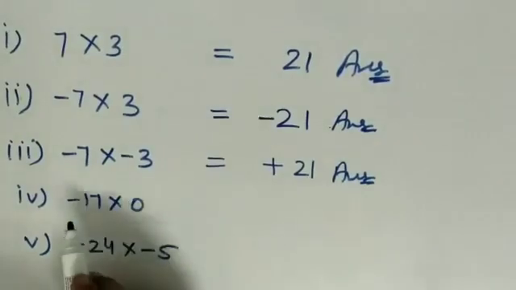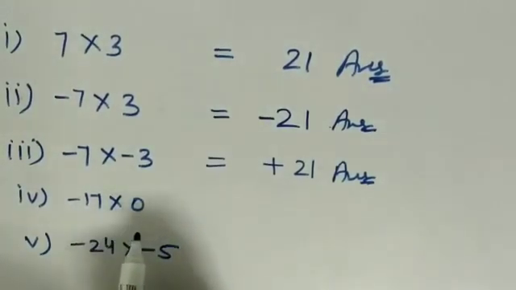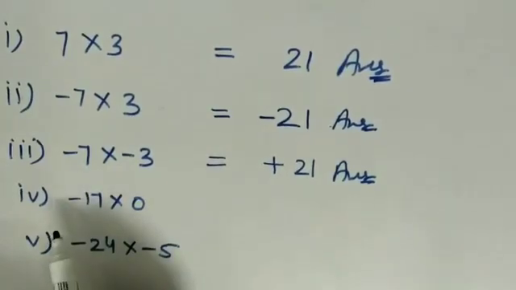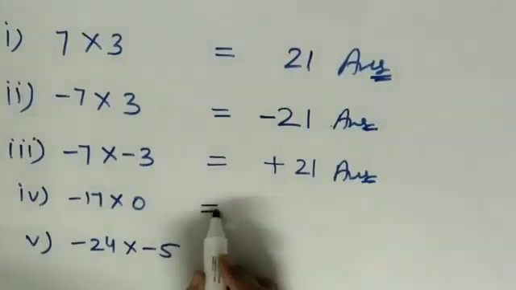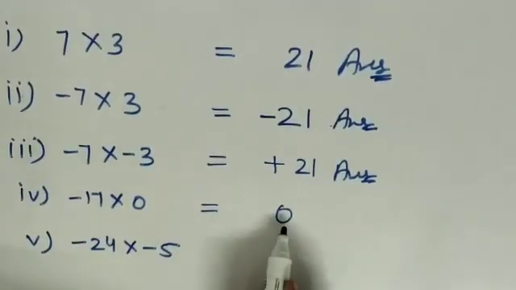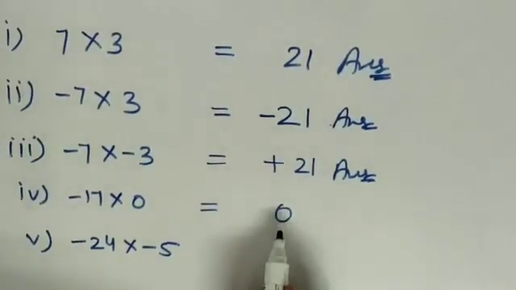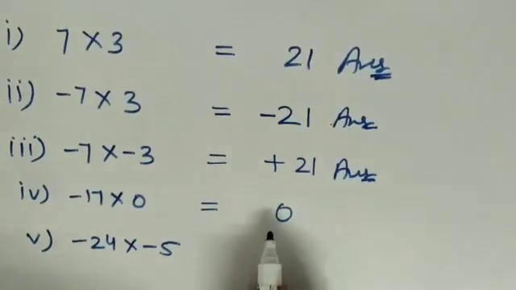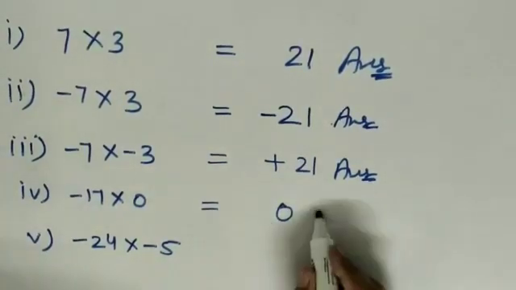Then minus 17 into 0. Any number multiplied with 0 returns 0. And 0 is neither negative nor positive, so we simply write 0 as the answer to this.